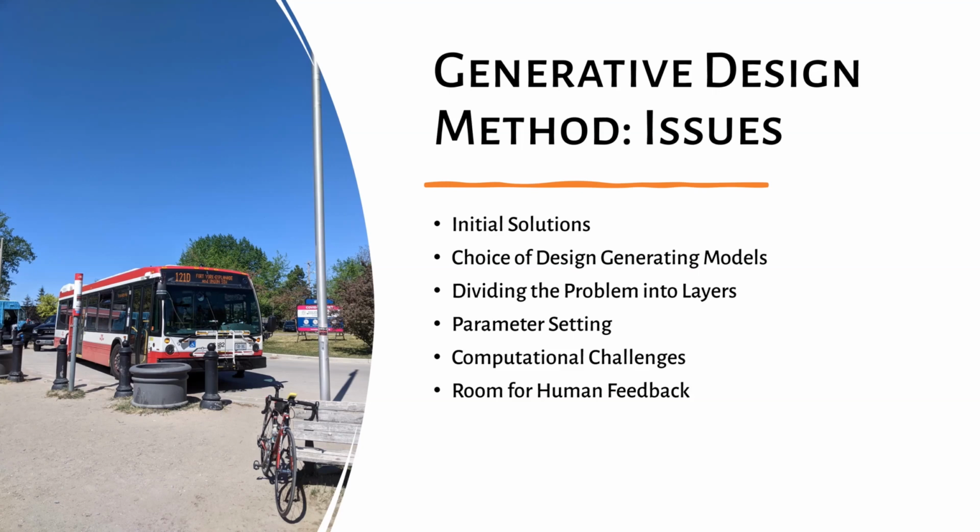Choice of design generating model, that is really, at this point, more of a personal preference. Meta reviews have shown that there are a lot of metaheuristic models that do outperform the benchmark, the classic genetic algorithm, but the difference isn't that significant.